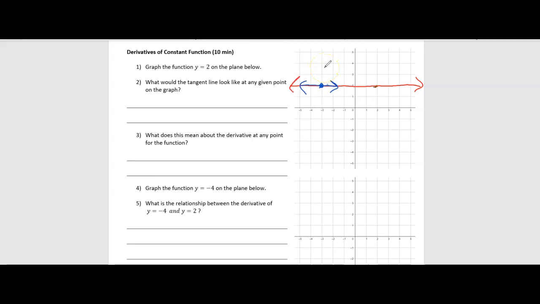If I choose a point over here at x equals 2, again, the tangent line is the same line as the original function. So the tangent line is the function itself.